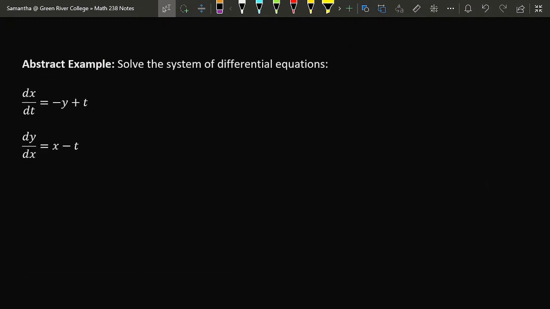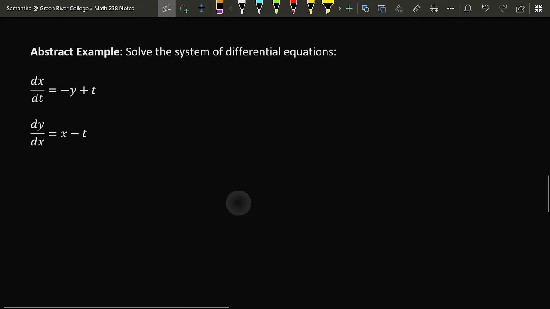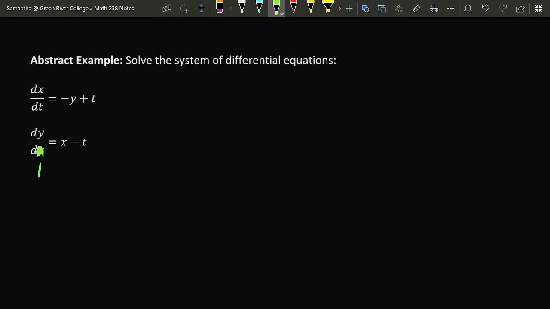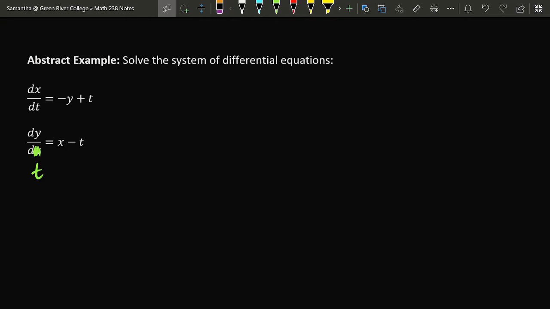First, an abstract example. Let's go ahead and solve the system of equations dx/dt is equal to negative y plus t. dy/dt, I say, is equal to x minus t. So I'm going to start by pulling all the output variables to one side.